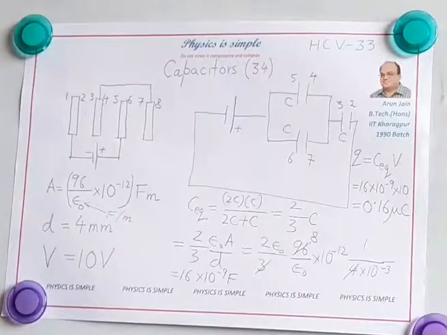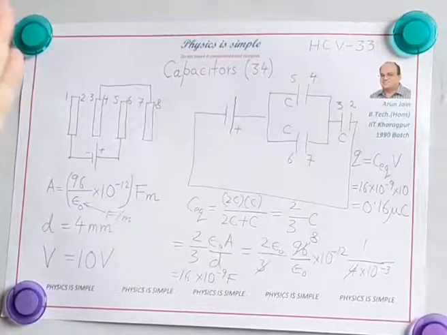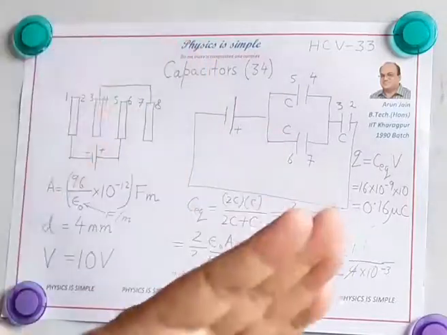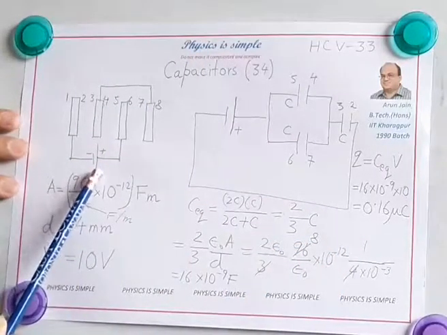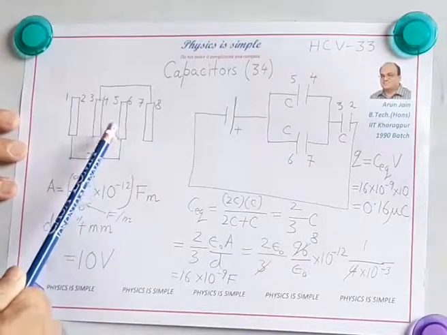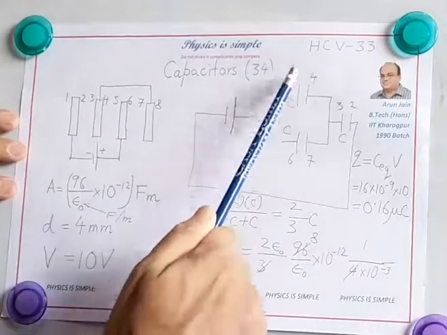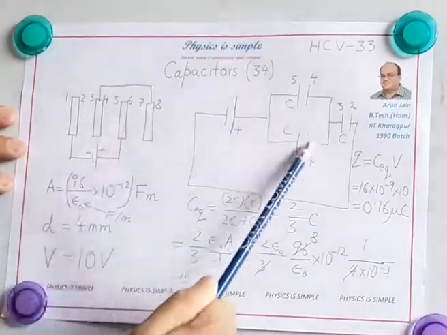So the trick here was to number the surfaces 1, 2, 3, 4, 5, 6, 7, 8, and then redraw the circuit. Starting from the positive terminal, we saw the plus is connected to 5 and 6. Then we realize between 6 and 7 there is a capacitor.